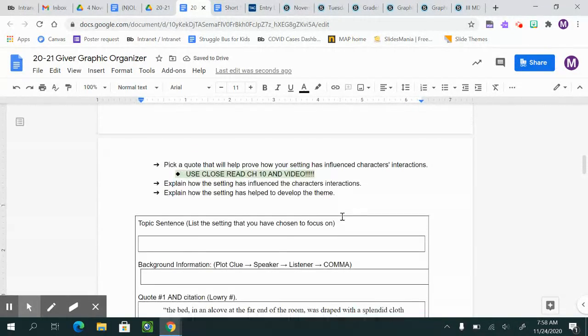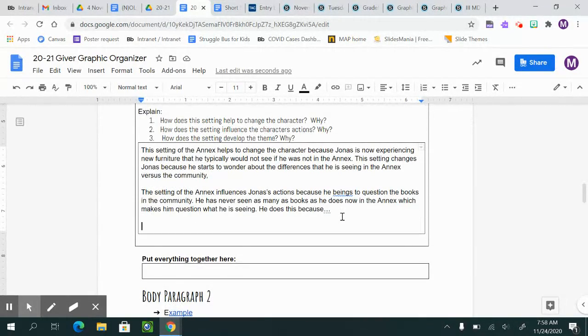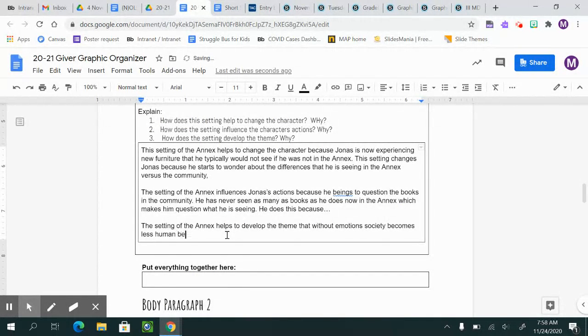Remember, your theme's up in your topic sentence. My theme that I used was that without emotion, society becomes less human. So with that, you want to say the setting of the annex helps to develop the theme that without emotions, society becomes less human because, and then you have to explain how, okay?